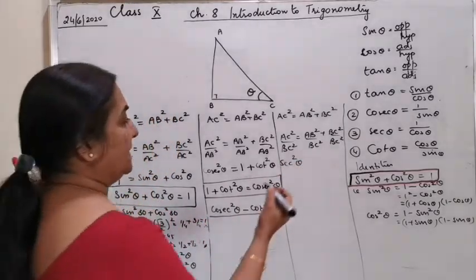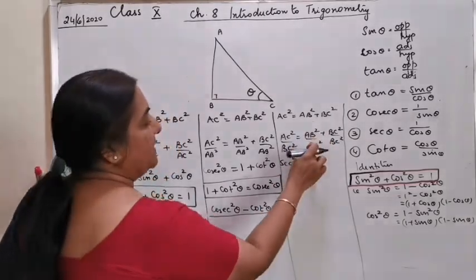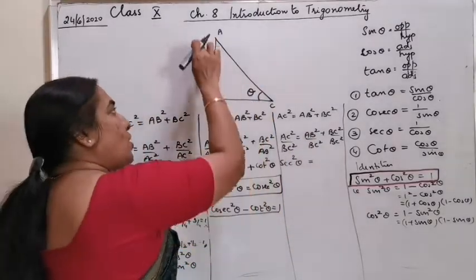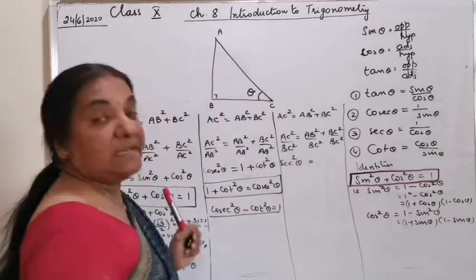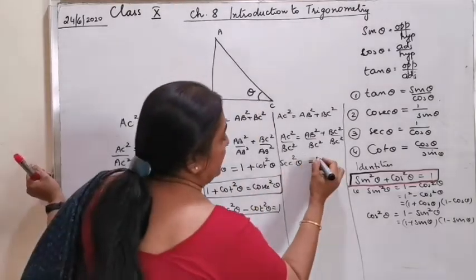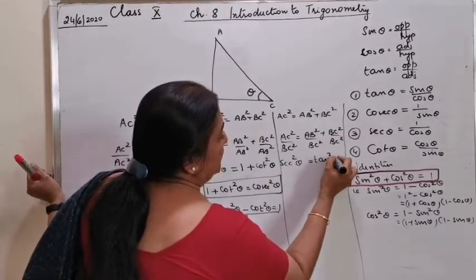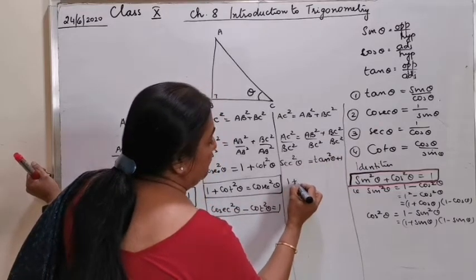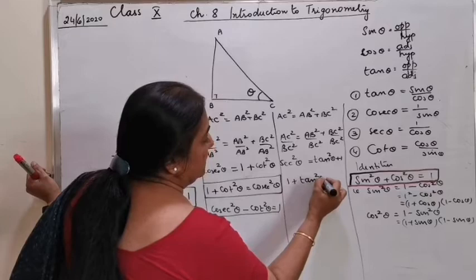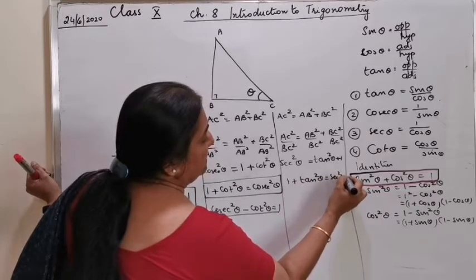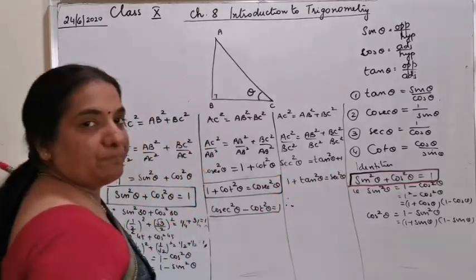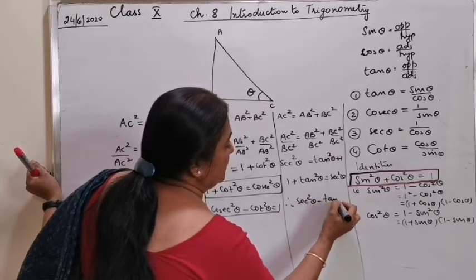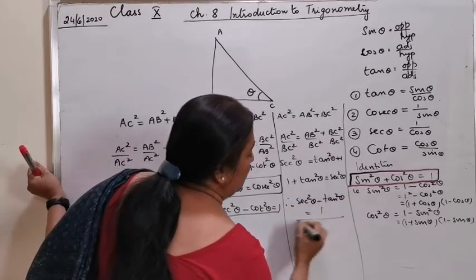Sec square theta is equal to AB by BC, that is, opposite by adjacent is tan theta. That is tan square theta plus 1, or the identity is 1 plus tan square theta is equal to sec square theta. Therefore, sec square theta minus tan square theta is equal to 1.